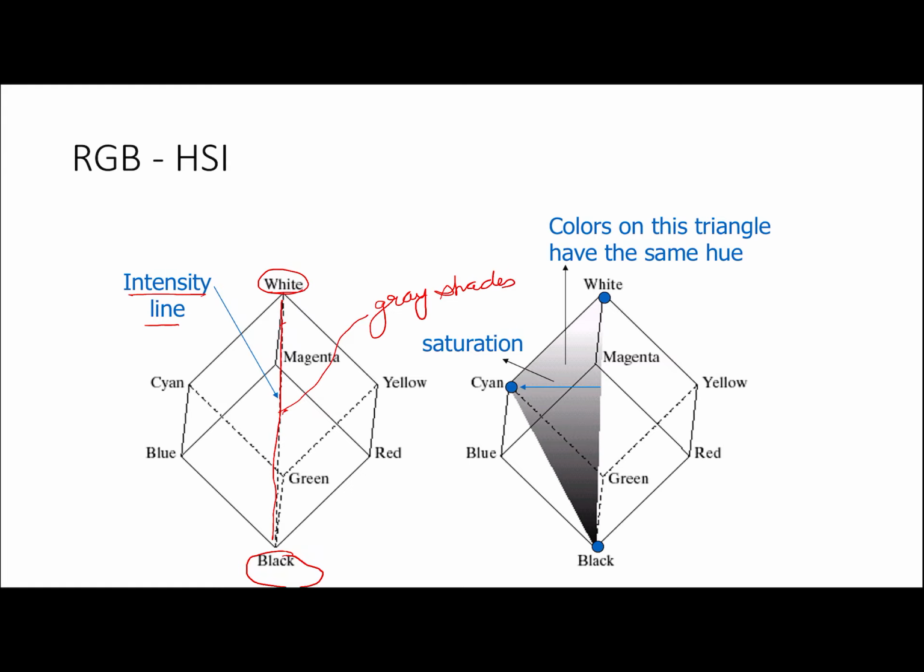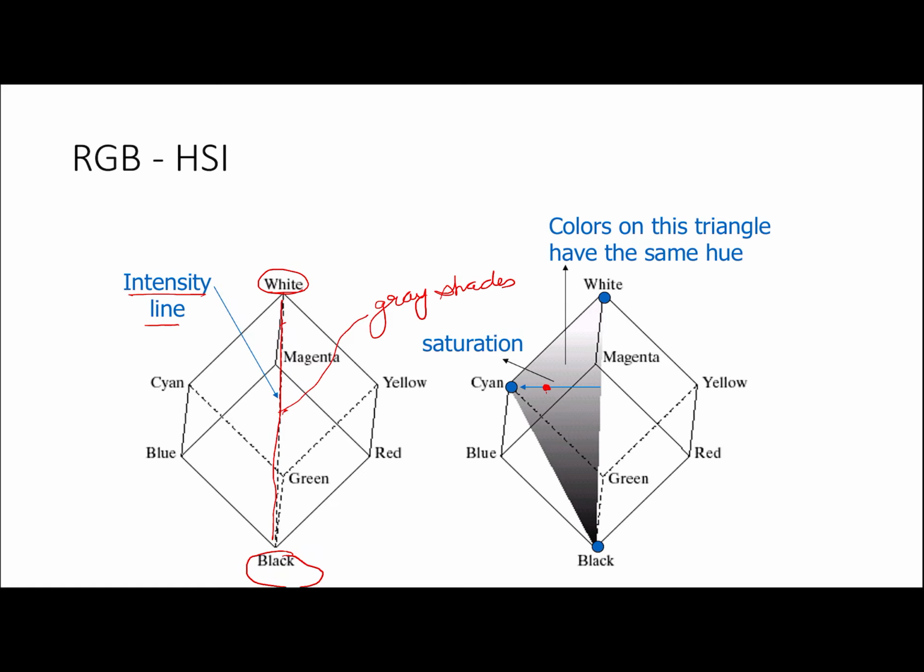Now suppose we have a color point specified within this RGB cube. For this color point, our aim is to convert this RGB specification into an HSI specification.